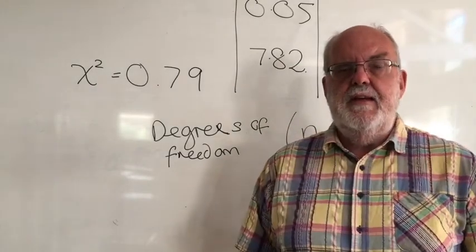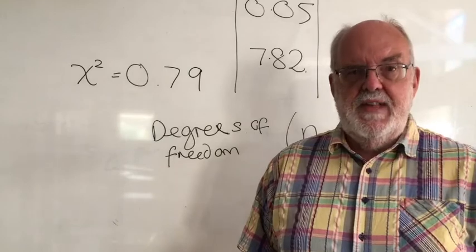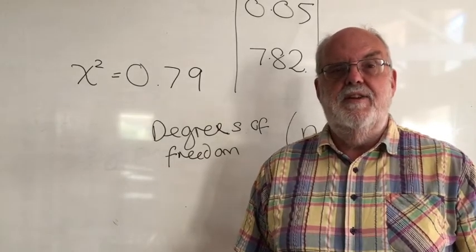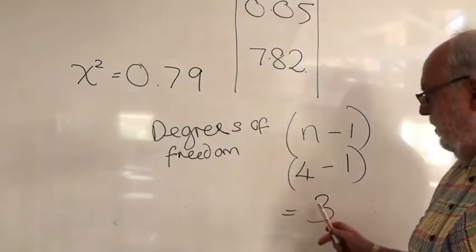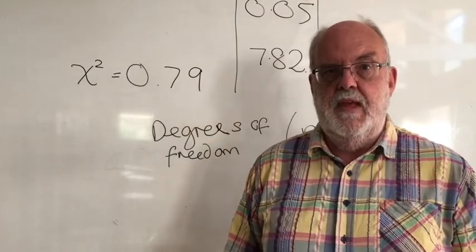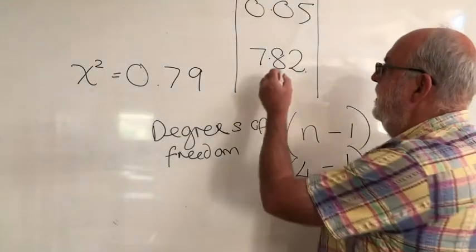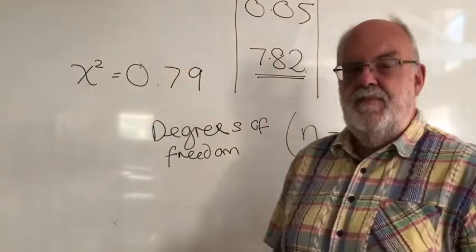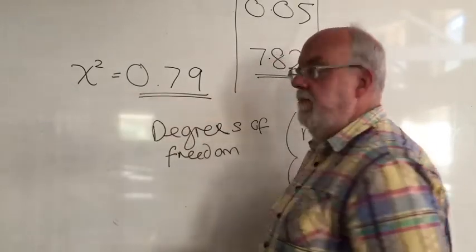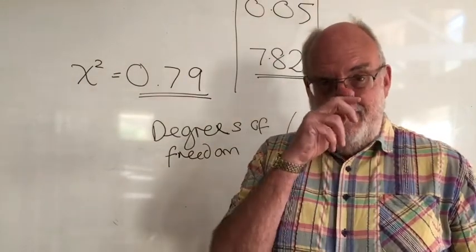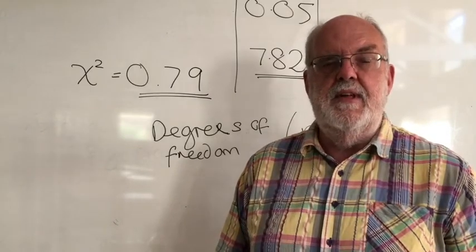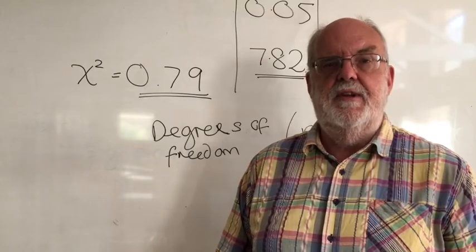Now the only other thing we need to do is to say how that number in the chart, 7.82, compares to the number that you found, 0.79. You're comparing the number in the chart with the number that you got. If the number that you got is less than the number in the chart, it is not significant.